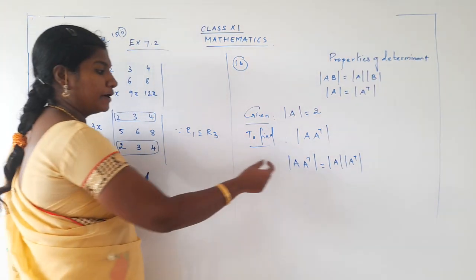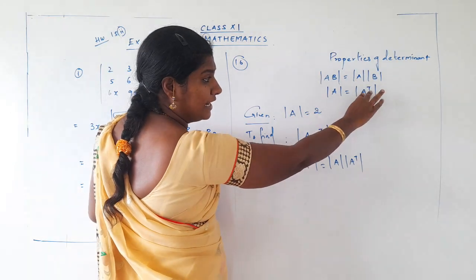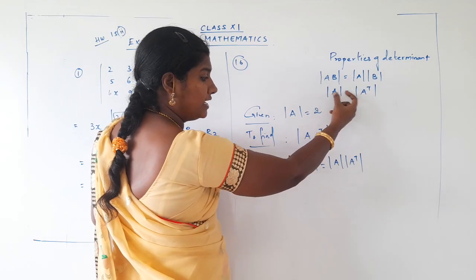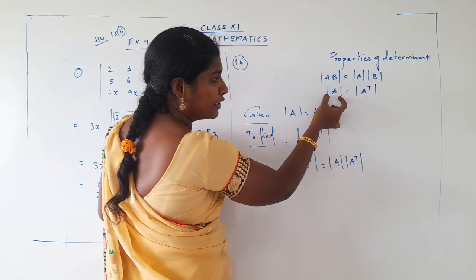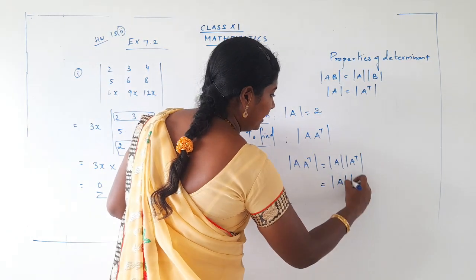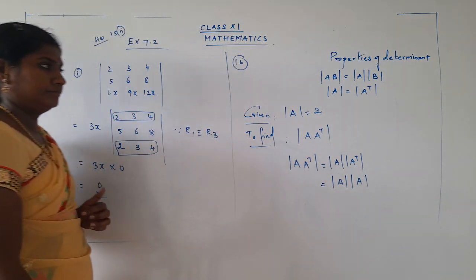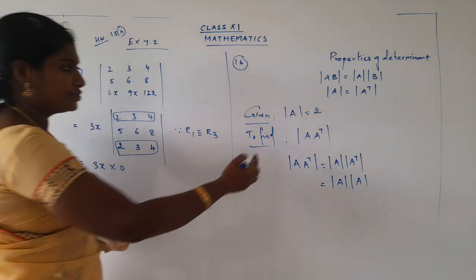Very easy. See, in determinant of AB, instead of B, what do you have here? A transpose. Now what is the value for A transpose? It is A. So determinant of A is equal to determinant of A transpose. So in place of determinant of A transpose, you can put determinant of A. So this is equal to determinant of A, determinant of A. I know the value of determinant of A. It is 2.